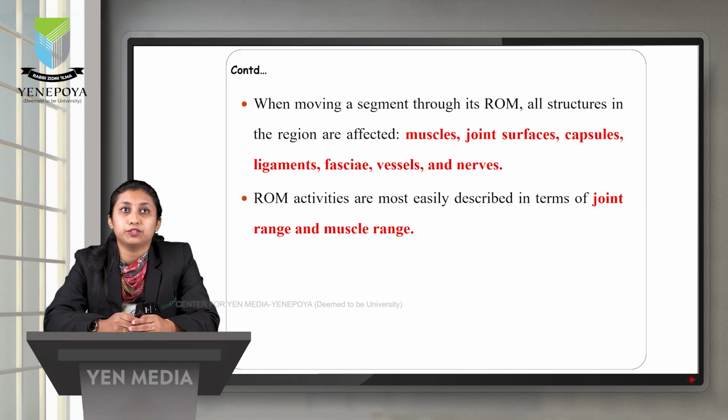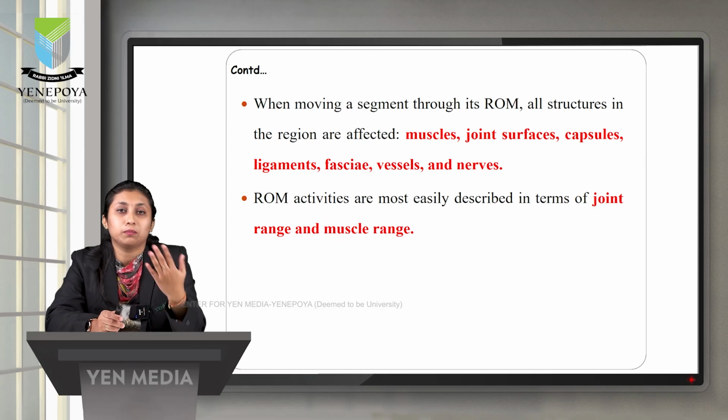As I already mentioned, when moving a segment through its range of motion, all the structures involved are moved: muscles, joint surfaces, capsules, ligaments, fascia, the vessels and the nerves. This range of motion exercise is not only the joint range but also the muscle range. If I am moving my wrist like this, it's not only involving my wrist, it also involves the muscle range.